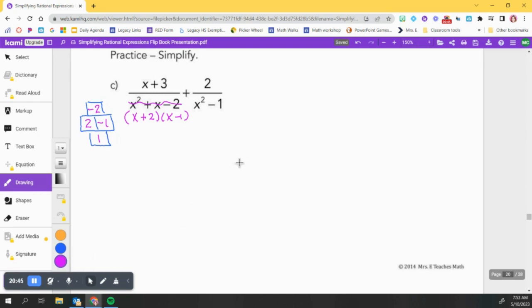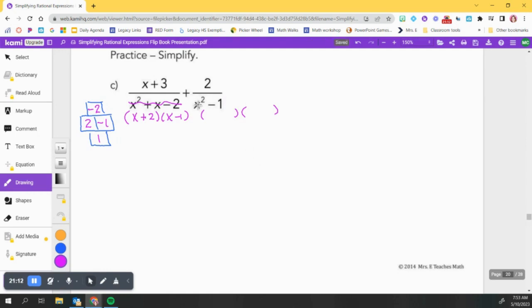All right, now let's factor this denominator. When there's only two terms, again, you have all of your factoring reminders on the back of your flip book. And when there's only two terms, we're either looking at sum of cubes, difference of cubes, or difference of squares. This is a difference, and these are both perfect squares. So this will factor out into two sets of parentheses like that.